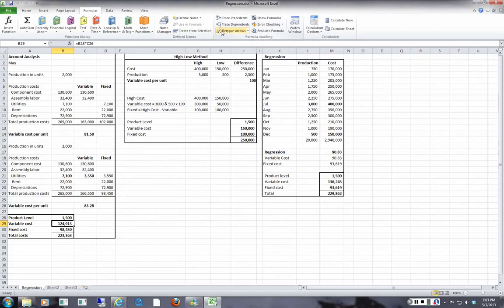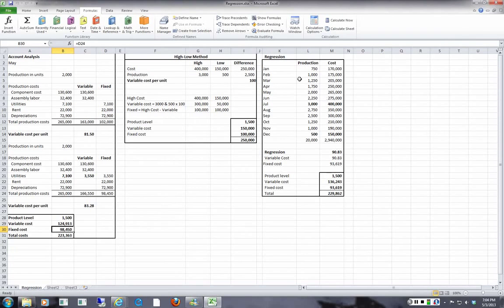And we put the fixed cost down there of $98,450, and we have a total cost for that production of $223,363. Now that's one method of coming up with the fixed and variable costs. It's reasonably accurate, but it could be better.